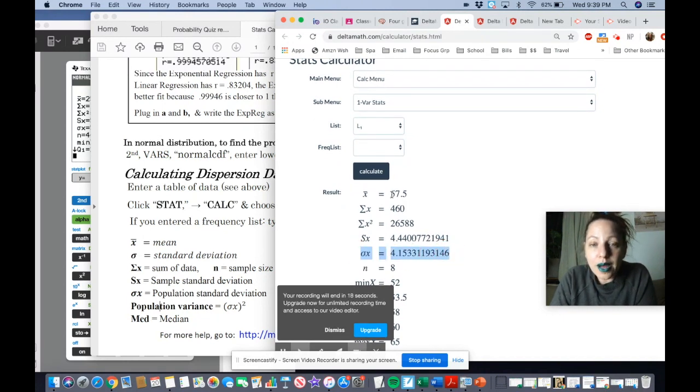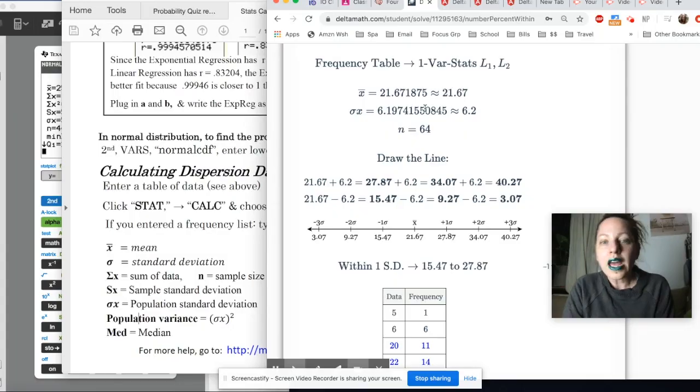Okay. So I'm going to look at that right there. And that means that I'm going to go from 57.5 and I'm going to go up this many and down that many. So what that means is I take the average, I add the standard deviation, and then I subtract the standard deviation. Since it says within one standard deviation, I'm looking one above and one below.